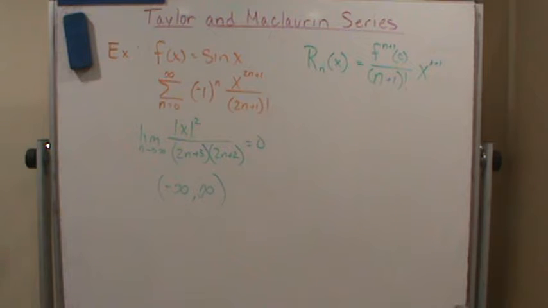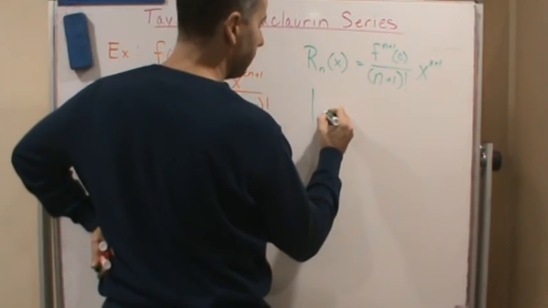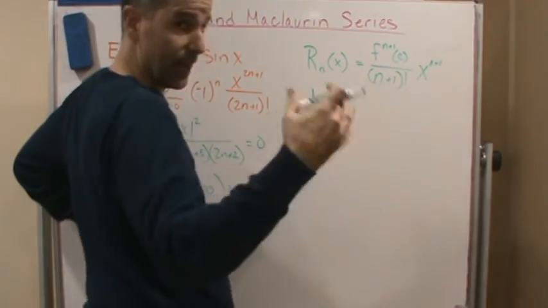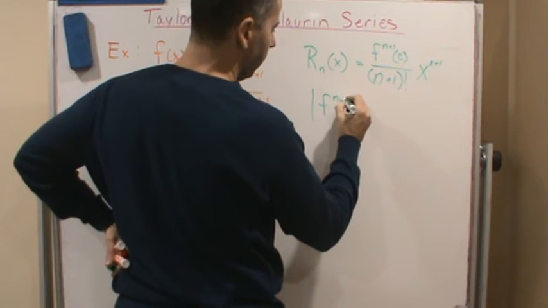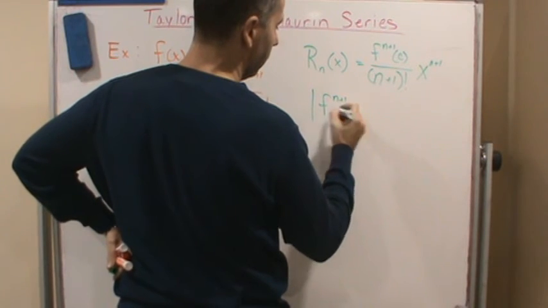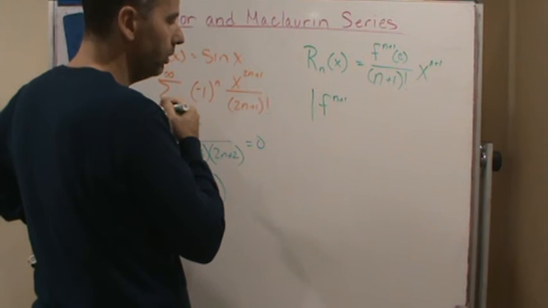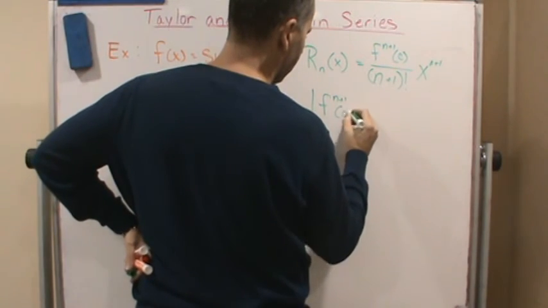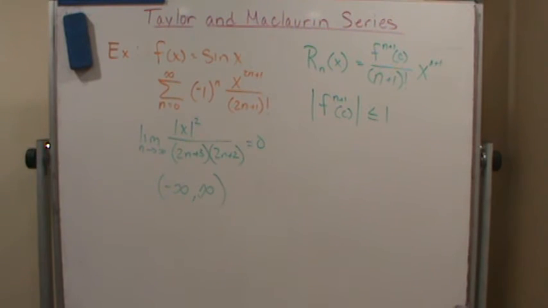This is the same reasoning that we did before when we were dealing with sine x. So the absolute value of the n plus 1 derivative of sine at c is less than or equal to 1, then that means that this is bounded above by 1.